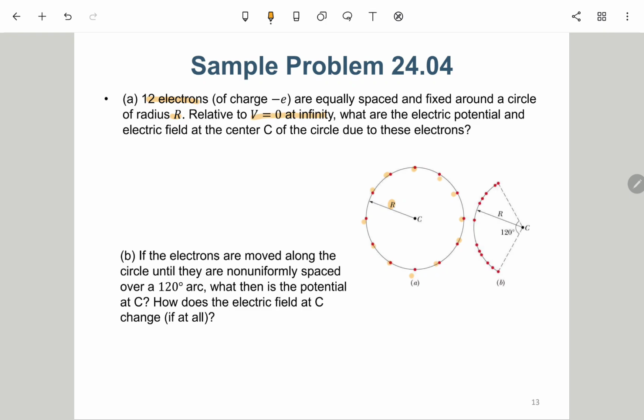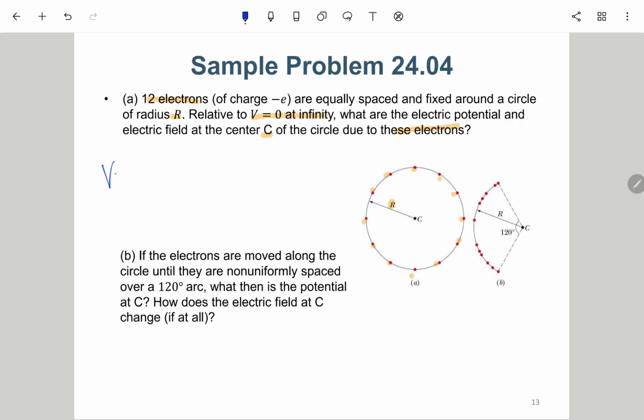This is usually always an assumption for equipotential problems. What are the electric potential and the electric field at center C of the circle due to these electrons?